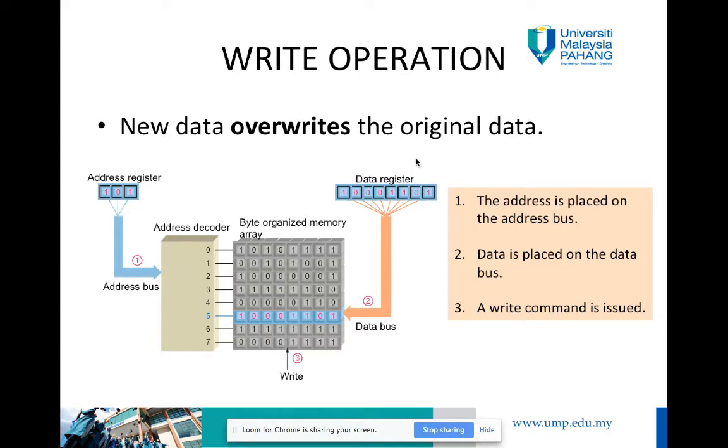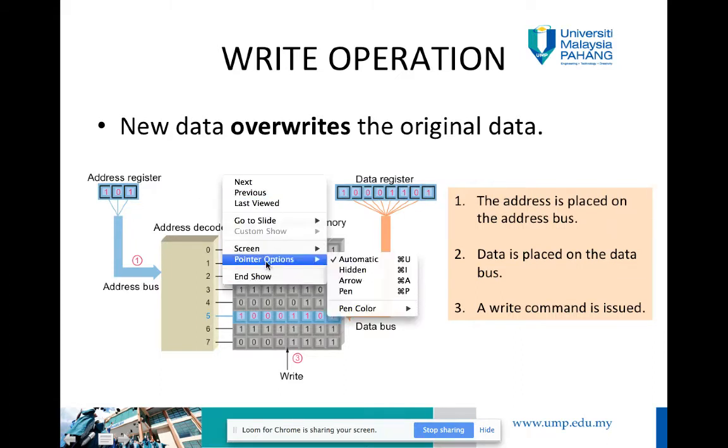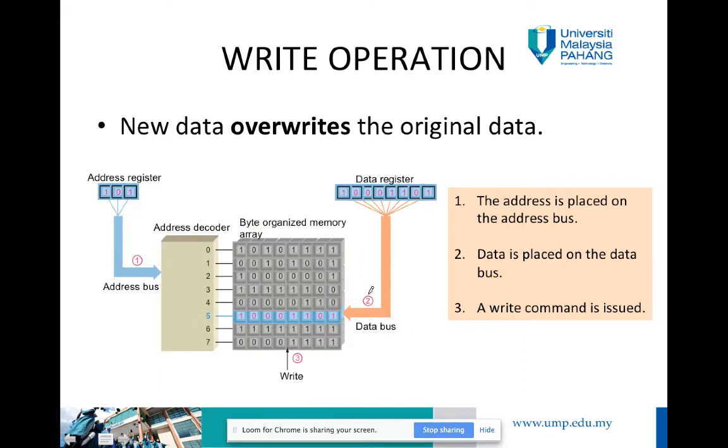If you look at this illustration, you will see the block of memory cell. This is the illustration of the memory cell in our computer. You have the address register and data register.